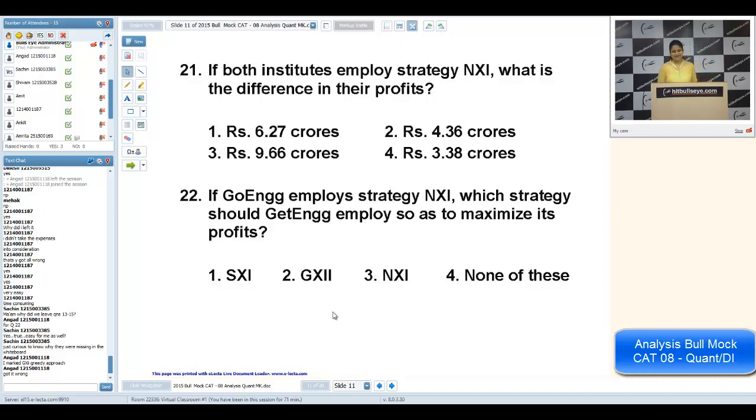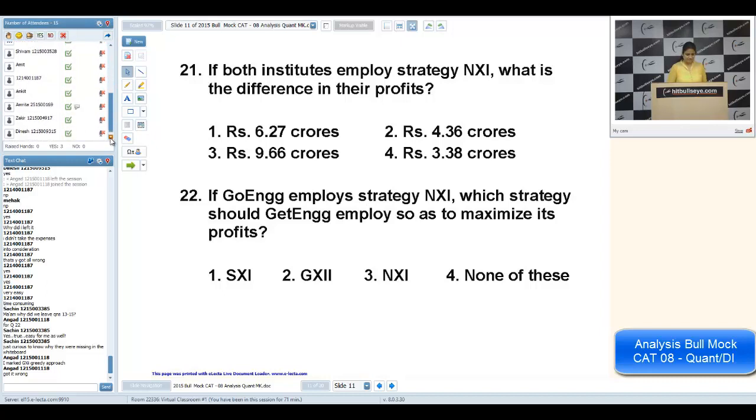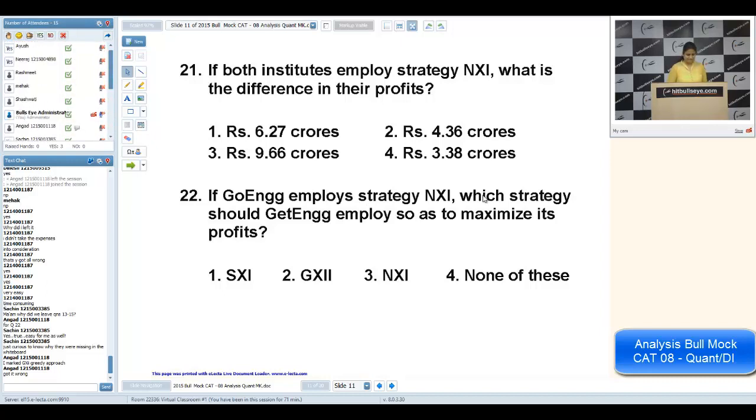So much calculation. So you got it wrong. No, it was GXI, I think. Yes, Angad. Otherwise, you got the concept. I think you know your mistake now. That was the most difficult.